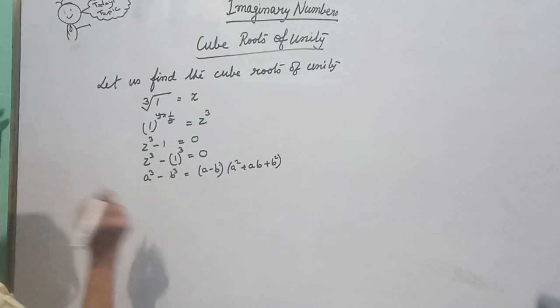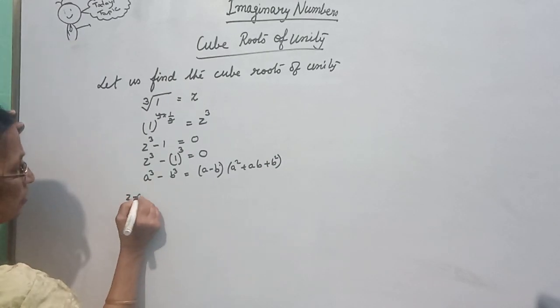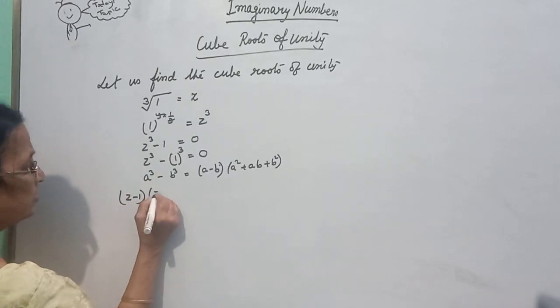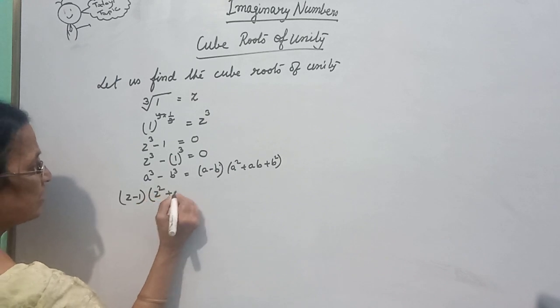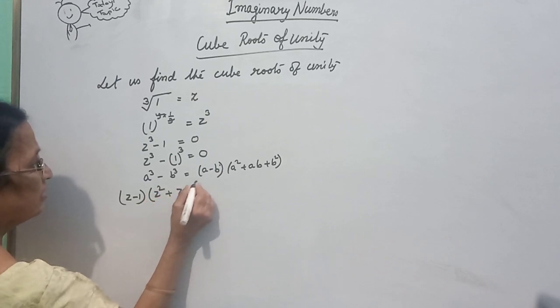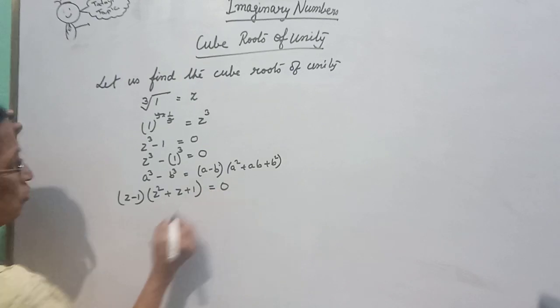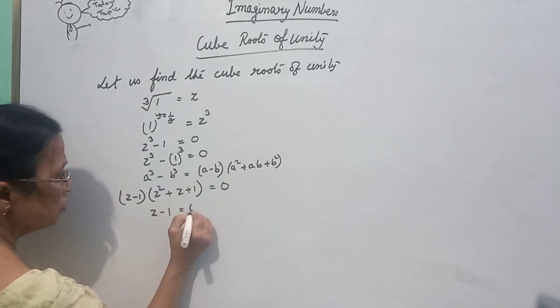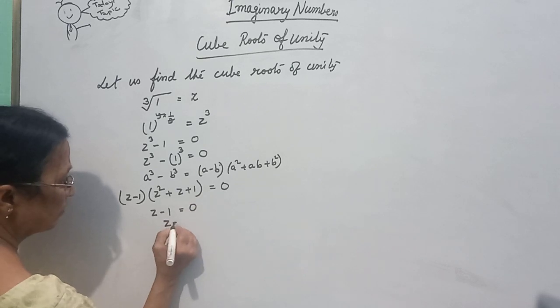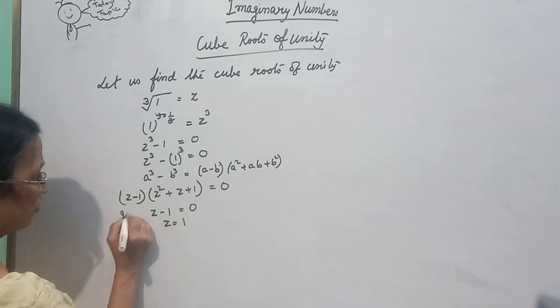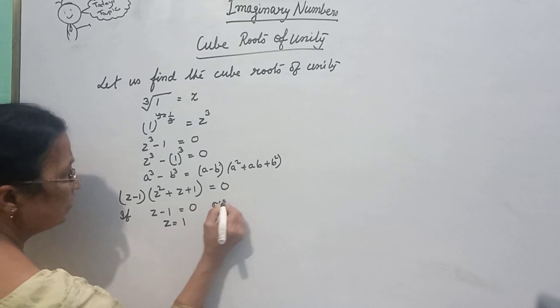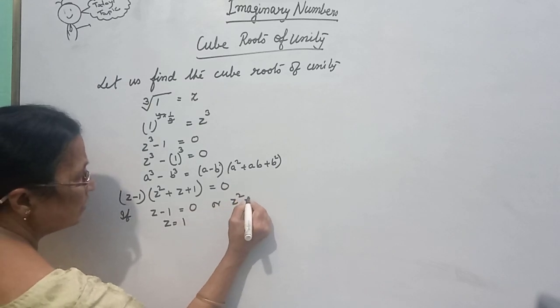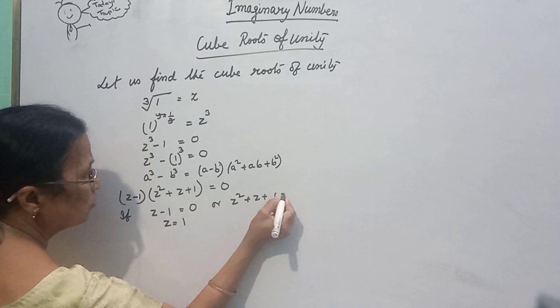So this is z minus 1 into z square plus z plus 1 is equal to 0. So either z minus 1 equals 0, so z equals 1, or z square plus z plus 1 is equal to 0.